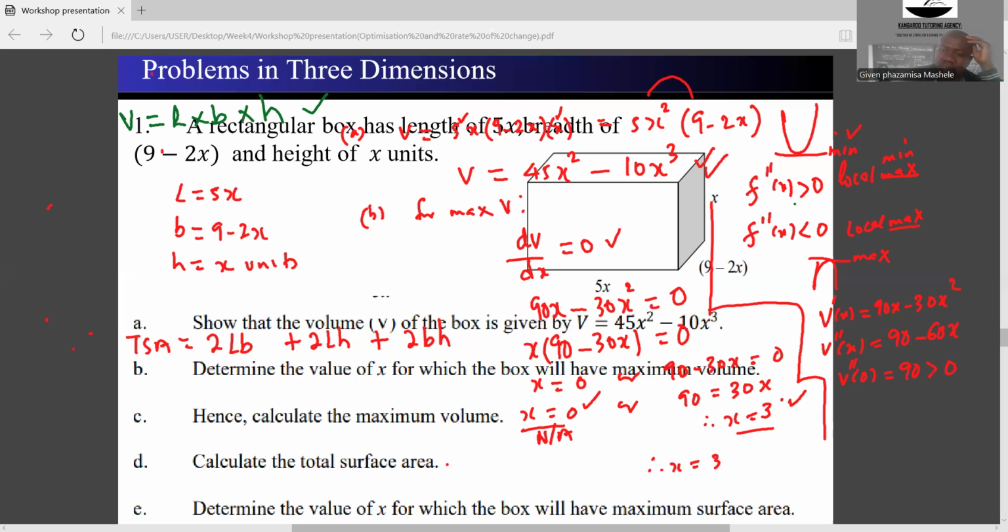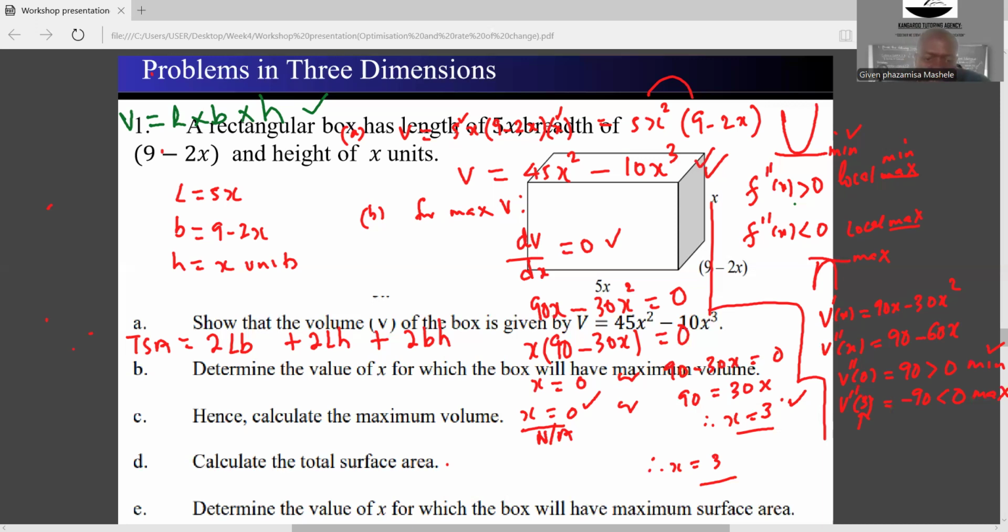And when the second derivative is at 3, this will give us minus 90. It will be less than 0. So we know if the second derivative is less than 0, the value that we used here is the one that will give us the maximum. So this is the maximum. So the value of x is the maximum and the value of 0 is the minimum. It will give us a minimum volume actually. But you don't have to worry about that for now. So the value of x there is equal to 3.